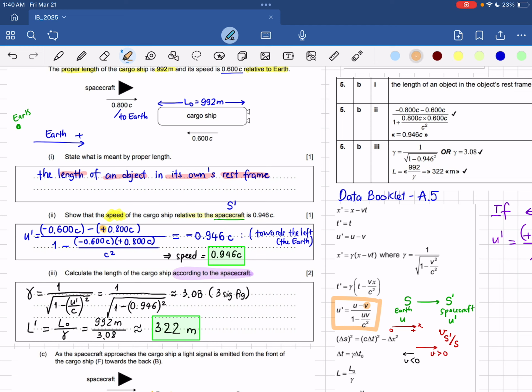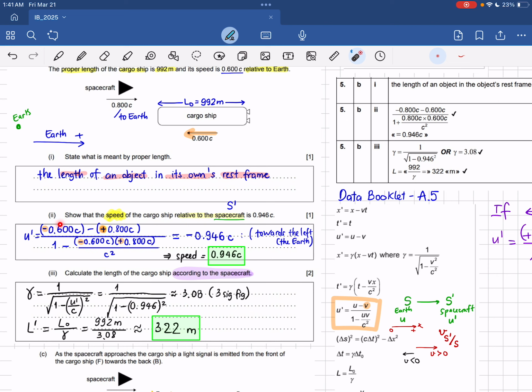Because it's in the positive direction. And in this case, the cargo ship is in the opposite direction, right? That's why I have negative values here. Make sense? And then do the same thing here. This should be negative, and this should be positive. So then in the end, we got negative, negative.